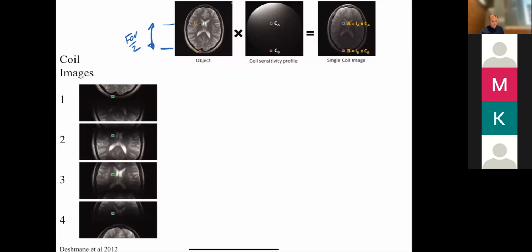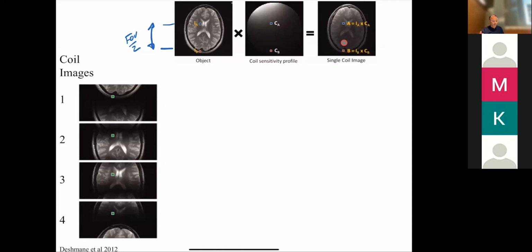If I acquire a full Fourier image with some coil and reconstruct it, I get a nice image that's just shaded a little more towards the coil. But I can resolve these two, right? Because I have all the information in Fourier space.